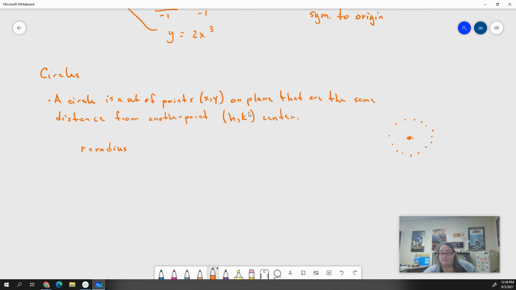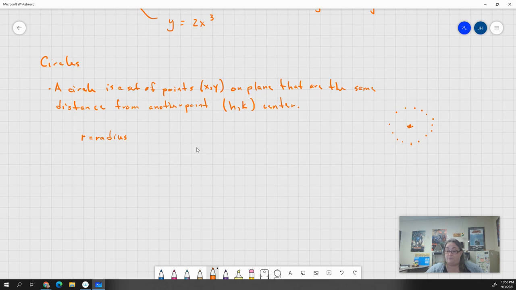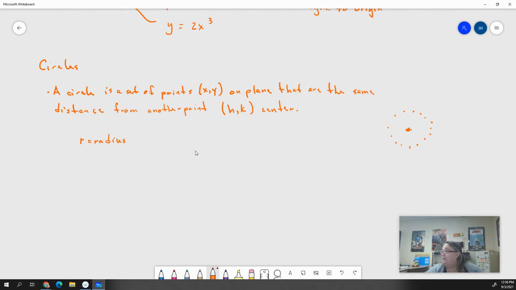And the way that we find those is using the distance formula. The way we've come up with the equation is I have a point right here, this is my (h, k), and this is some other point, (x, y), that's on the circle. And we learned the other day that Pythagoras taught us that we can find the distance between any 2 points on a graph by using the Pythagorean theorem, and we came up with that distance formula of d equals, you remember this?